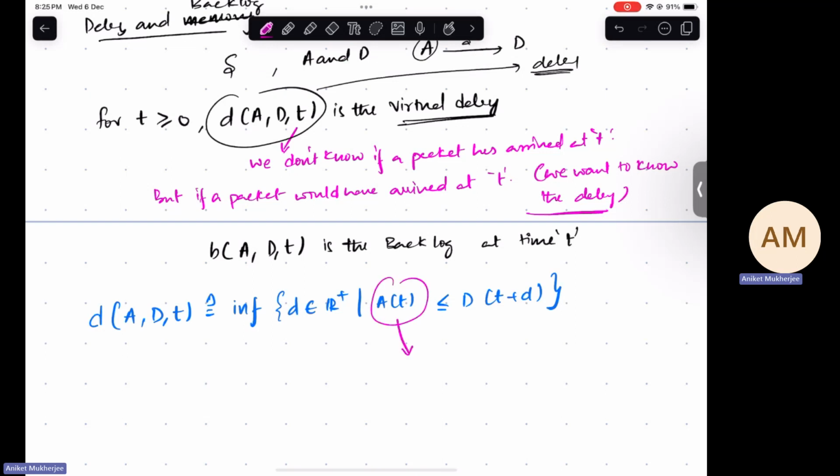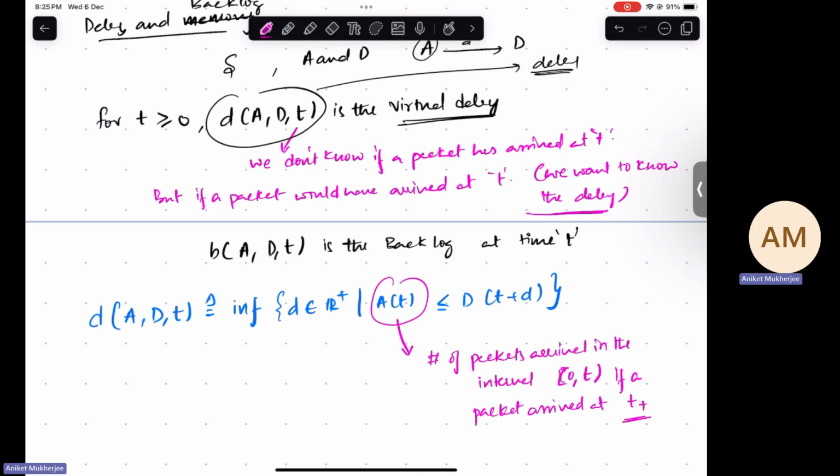This A(t) is the total number of packets arrived in the open interval (0, t). If a packet arrived at t plus, the amount of packets in the system would be up to A(t).